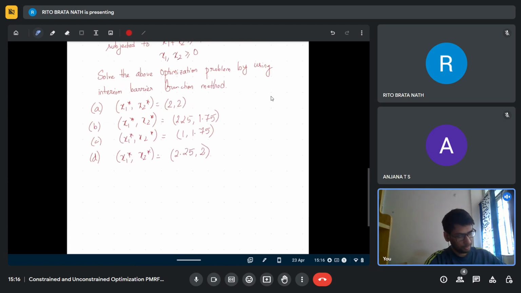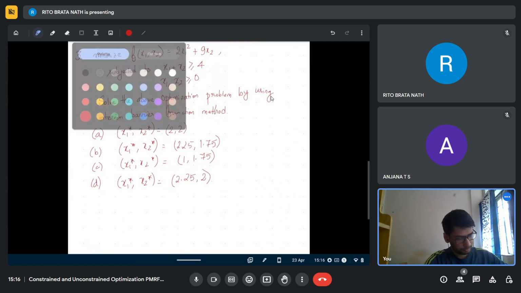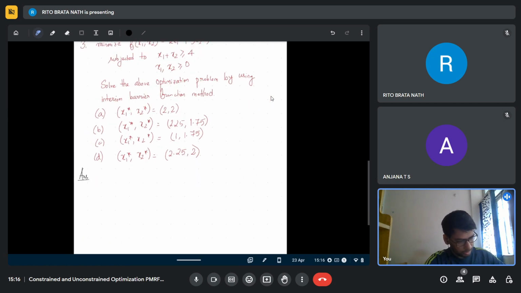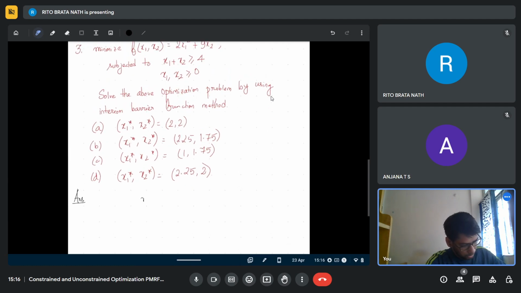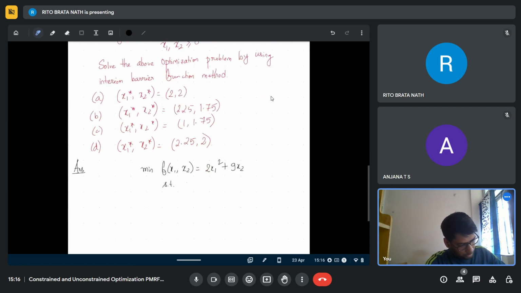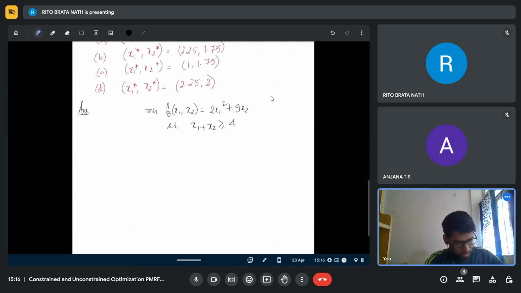Okay, so let me solve this problem. I'll write down the problem once more. It's min of f(x) equals 2x1 squared plus 9x2, subject to x1 plus x2 greater than or equal to 4.